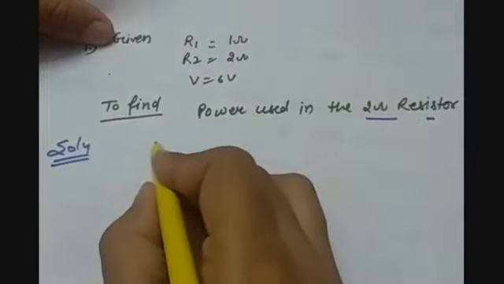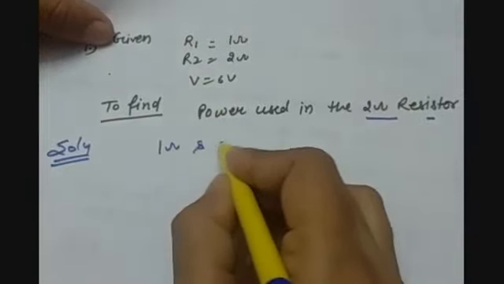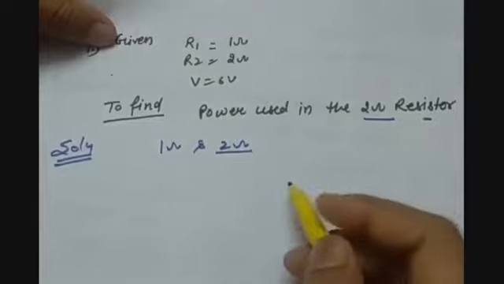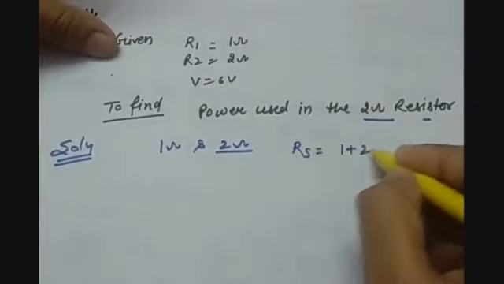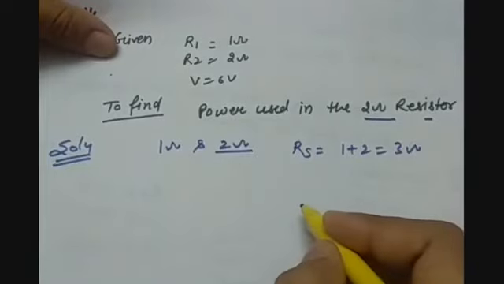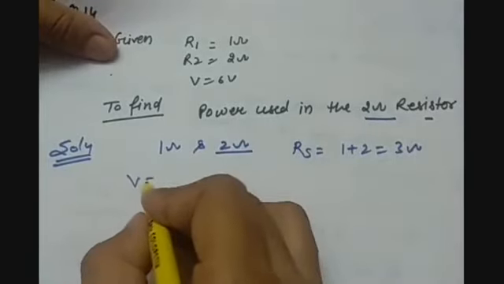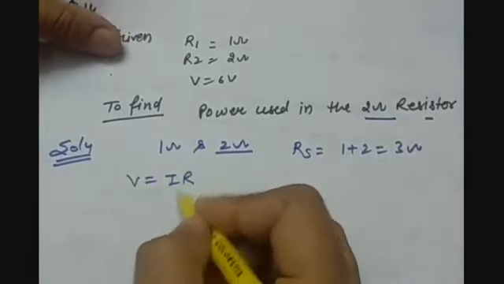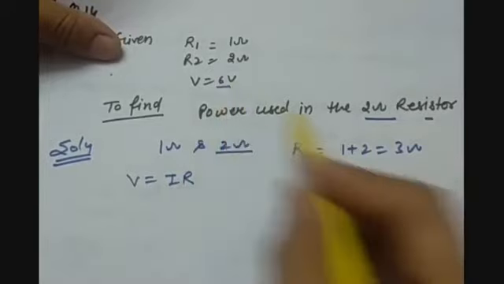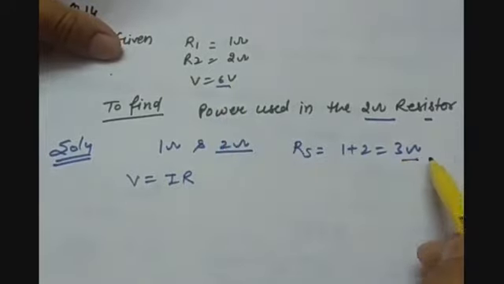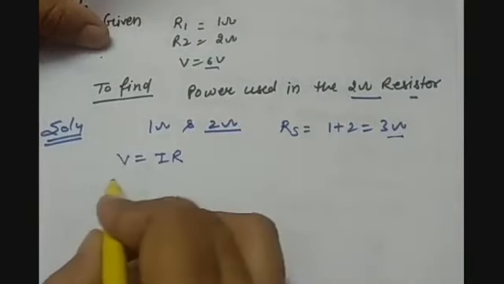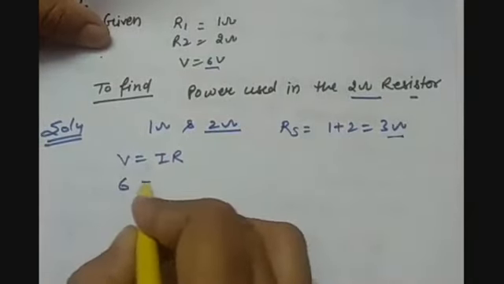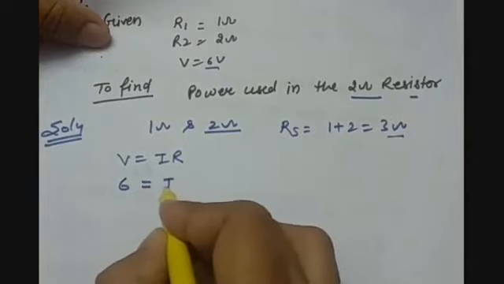When 1 ohm and 2 ohm resistors are connected in series, what will be the effective resistance of the circuit? 1 plus 2, that is 3 ohm. And according to Ohm's law, we have V is equal to IR. So we have now the value of V and R. We have to calculate the I. So 6 is equal to I into 3.